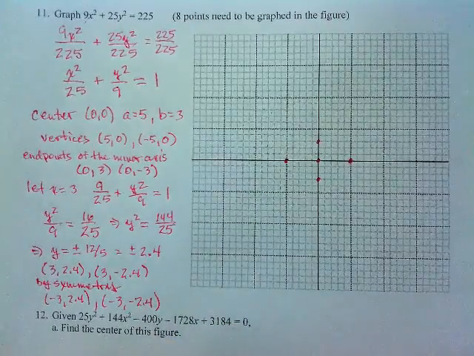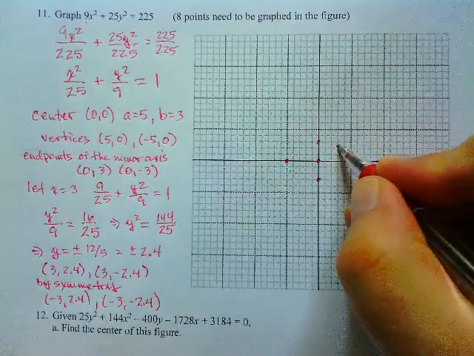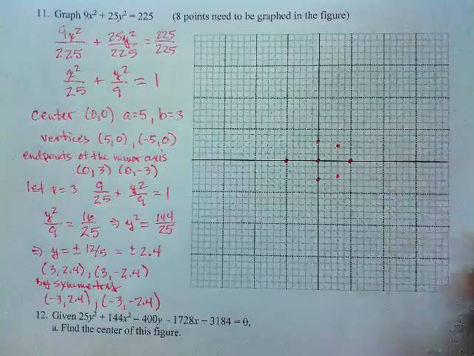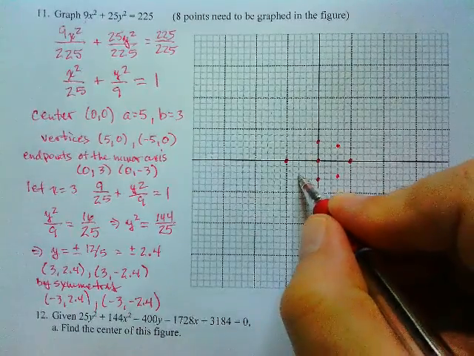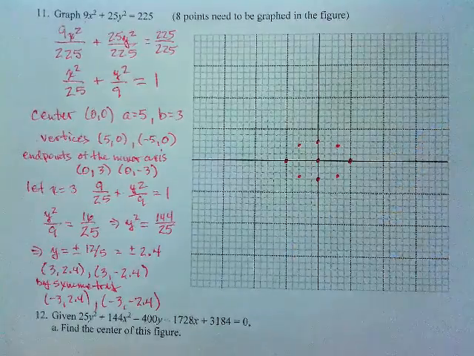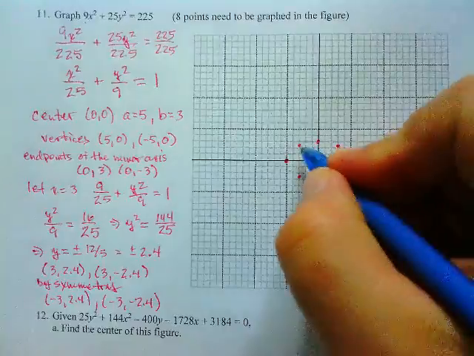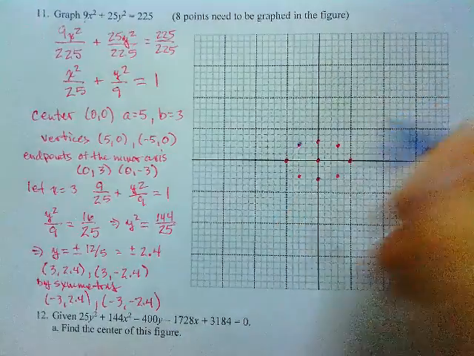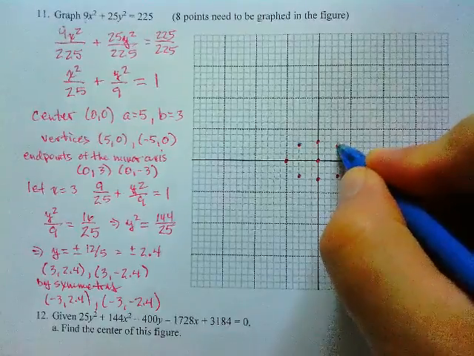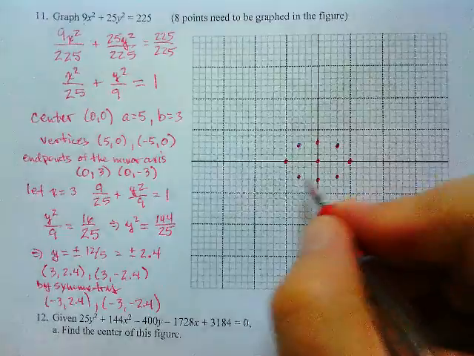So 3 and almost 2.5, and down here about 2.5. It's close enough. And then likewise by symmetry straight across on these ones. And again, these 4 points that I've just done were the points that we got from plugging in a particular x and then using our symmetry.